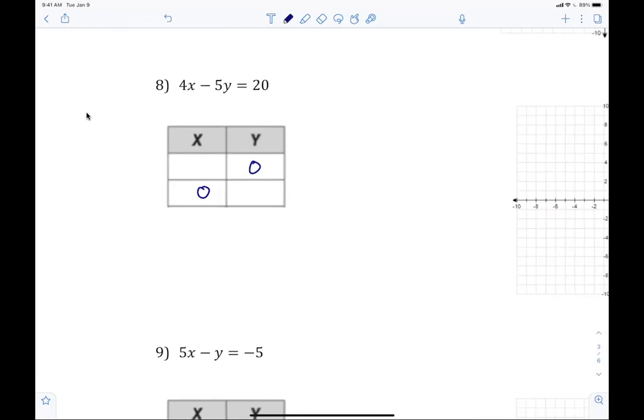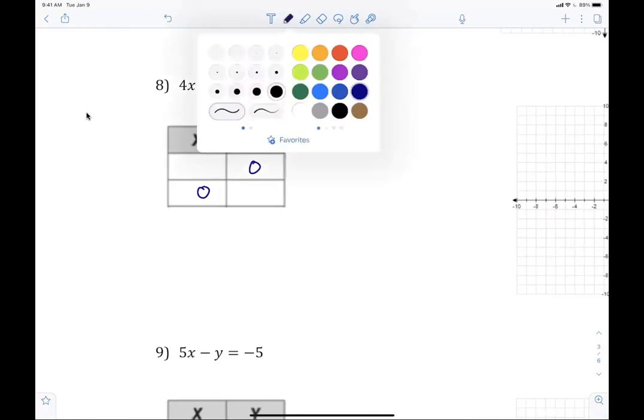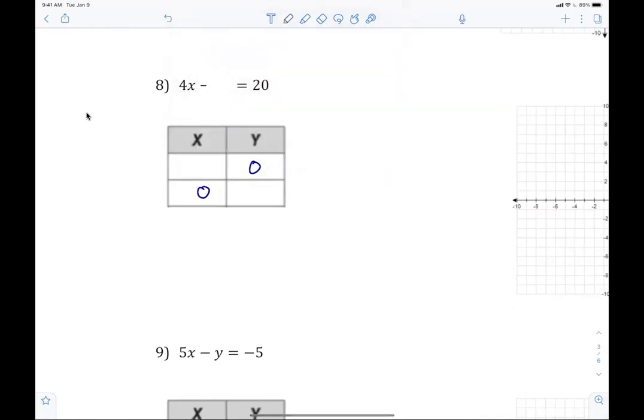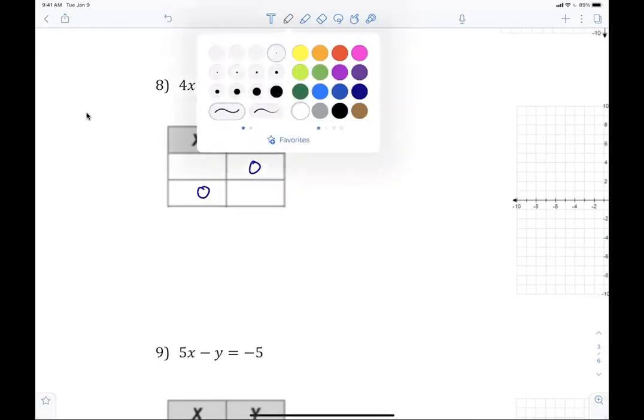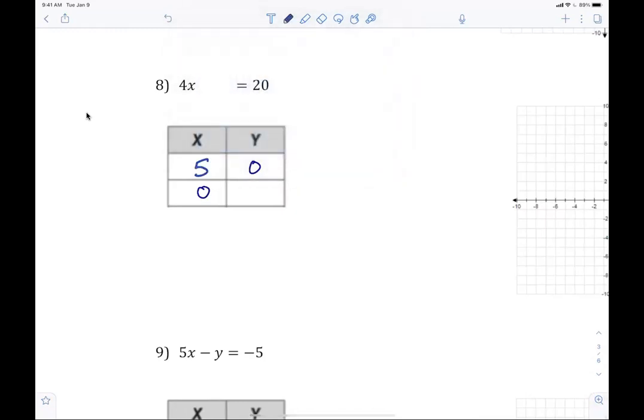If y is 0, watch me now what I'm going to do. If y is 0, that goes away. It's just 4x equals 20. I don't need a calculator for that. Do you agree with me? So x is 5. And then after that, I put the 5. Now I come back, erase that.